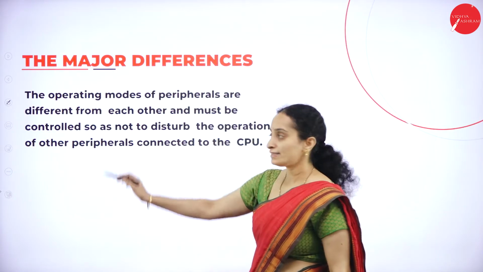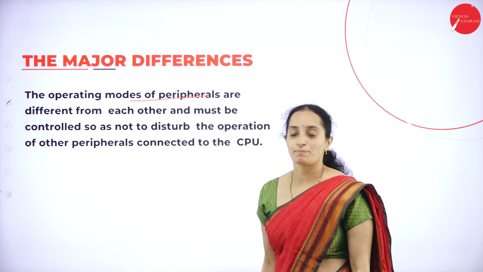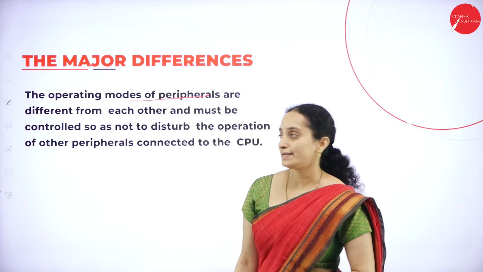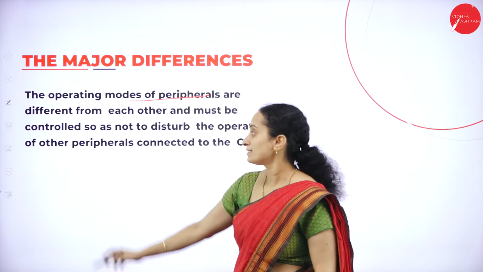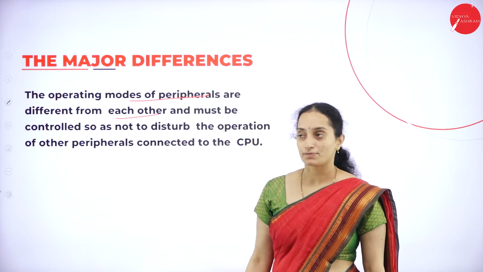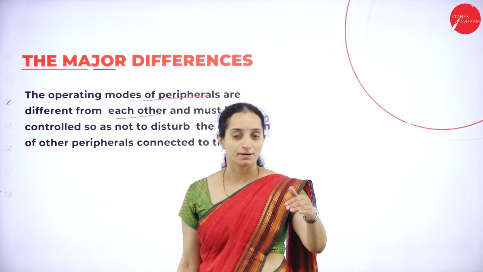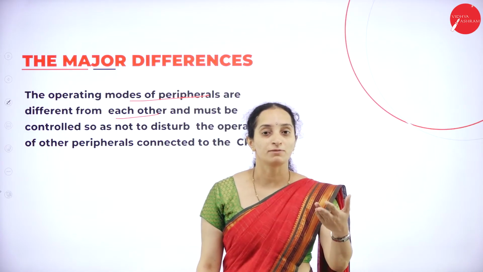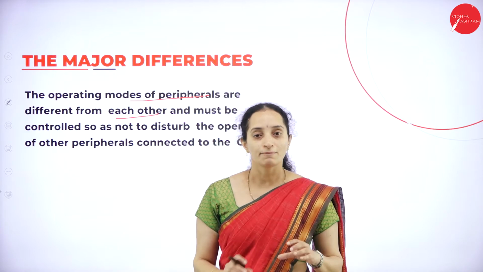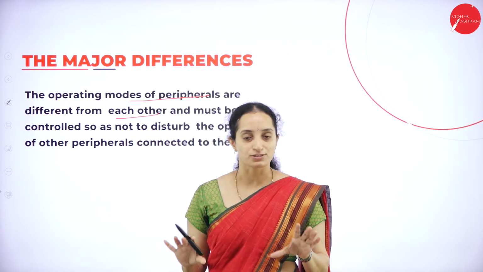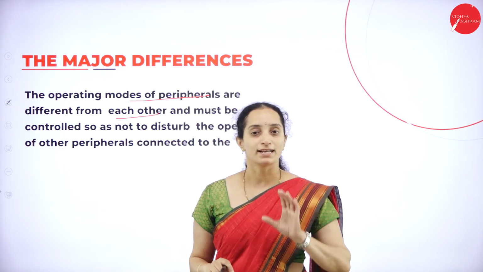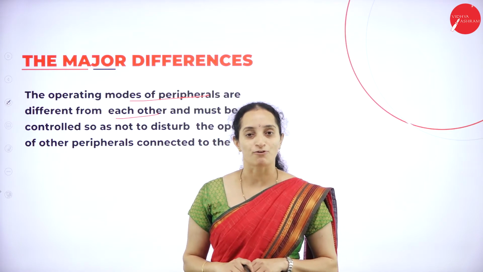Apart from that, the operating modes of the connected devices or the peripherals are different from each other. The operating mode of the keyboard will be different from that of the monitor, because the keyboard has a different set of tasks to perform and the monitor has a different set of tasks to perform, isn't it?